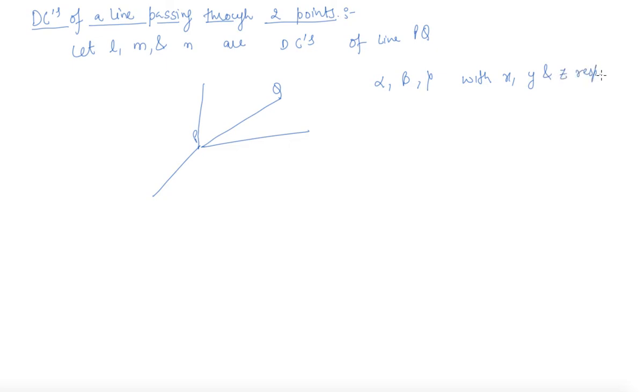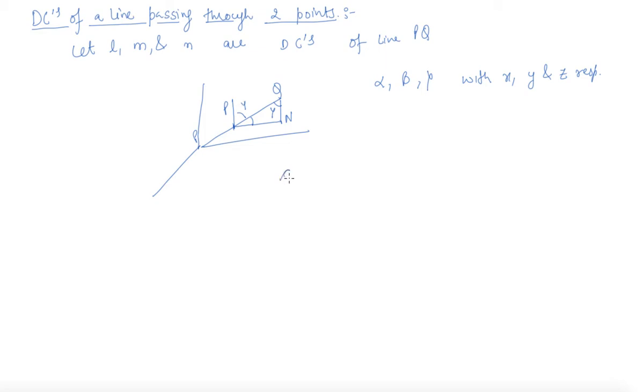So draw perpendiculars from P and Q. Let's say this is the line PQ. Let's draw a line perpendicular, and here it is also perpendicular. So now we can say that this angle is gamma and this is also gamma.